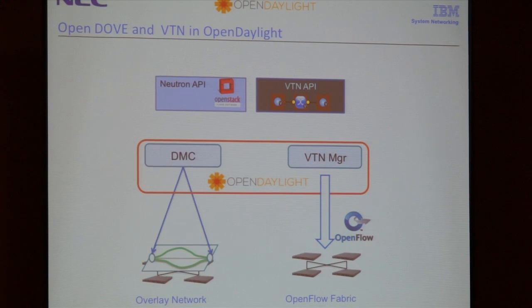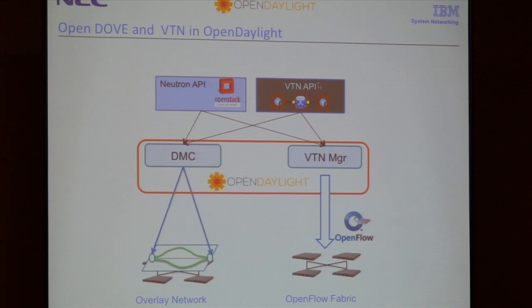But the idea is that we want to be able to support both on both. In other words, if you have the VTN API, we'd like to be able to implement it underneath, to the extent that we can support all those abstractions with Dove, or with OpenFlow. And similarly for the Neutron API, the Neutron API should be able to map onto overlay networks with Dove or OpenFlow networks with VTN.